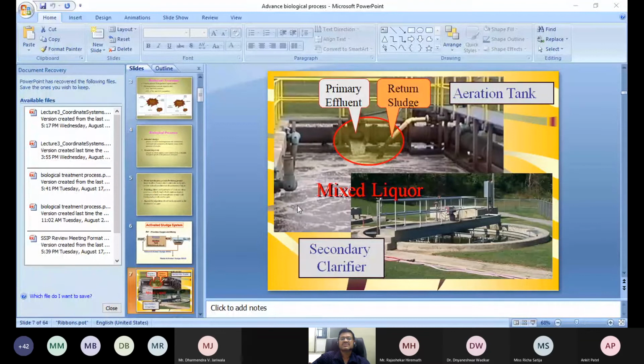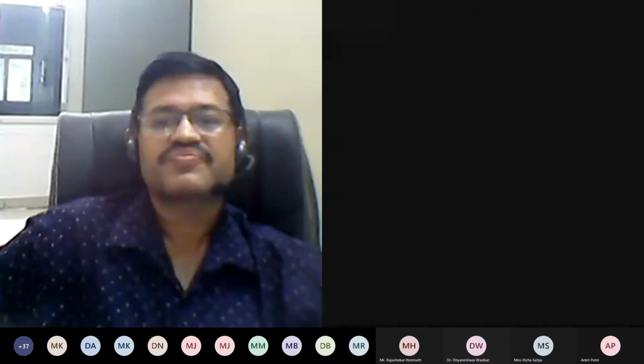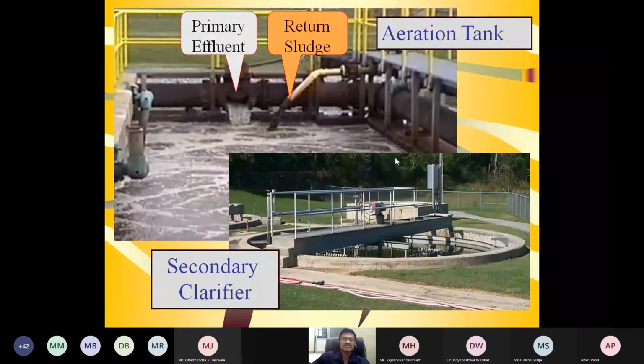So this is the secondary clarifier, and this is the aeration tank.